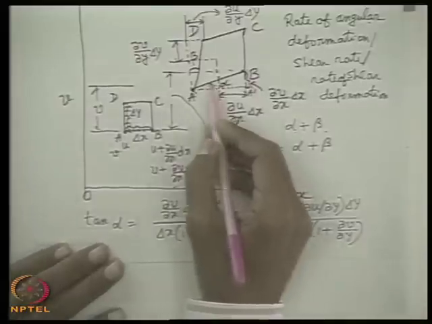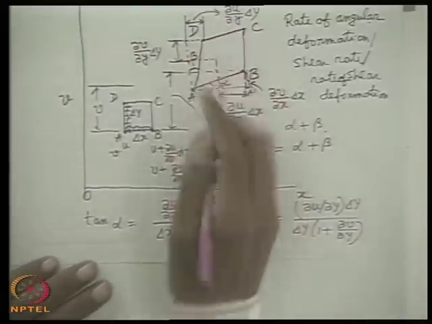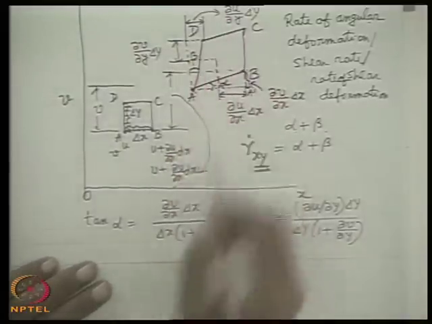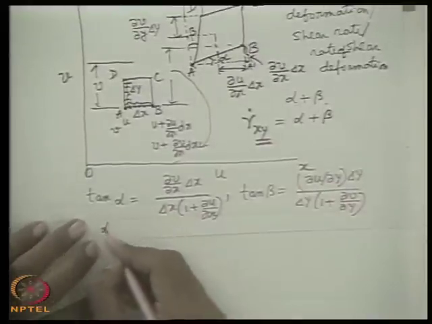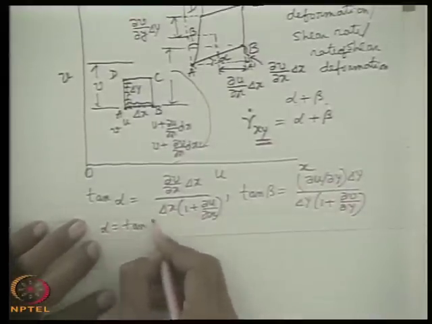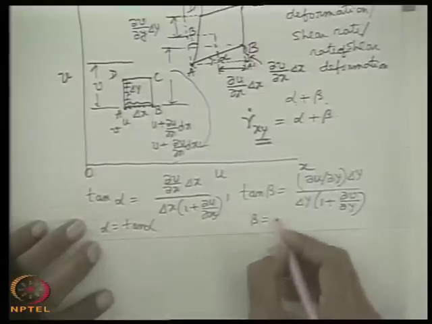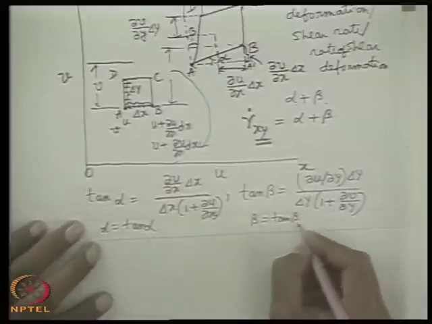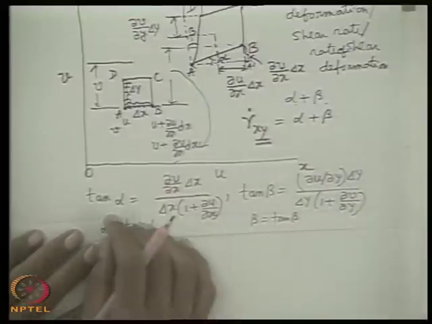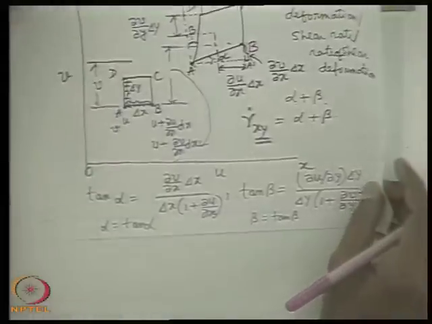Now, for small angles alpha and beta, considering this deformation small, we can write alpha is equal to tan alpha. As you know, for small angles, the tangent and sine of the angle become equal to the angle itself. From the series you can appreciate that.